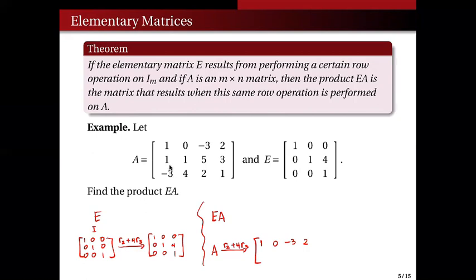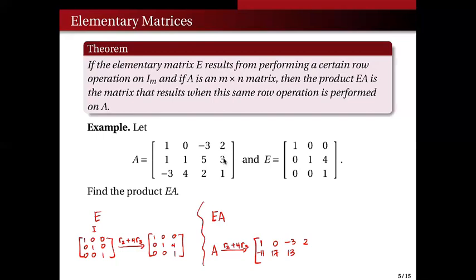So 1 minus 12, that's minus 11. Then here you have 1 plus 4 times 4, that's 1 plus 16, that's 17 here. Here you have 5 plus 4 times 2, that's 5 plus 8, that's 13.